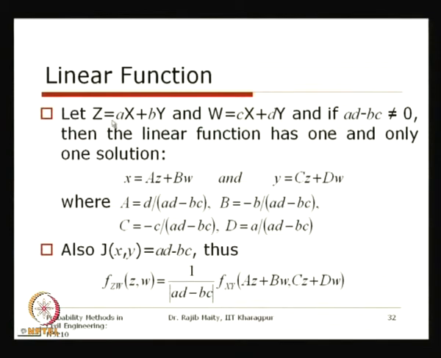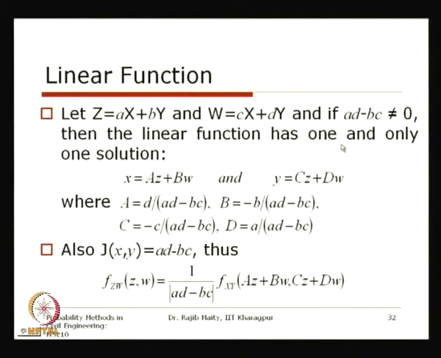First it is a linear function. Let z equal ax plus by and w equal cx plus dy, and if ad minus bc is not equal to 0. This is one condition, because ad is the coefficient of x times the coefficient of y, minus the product of the other two coefficients. We will see in a minute why this is a requirement.